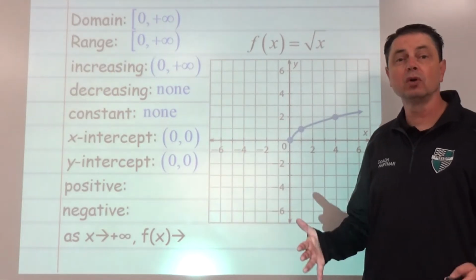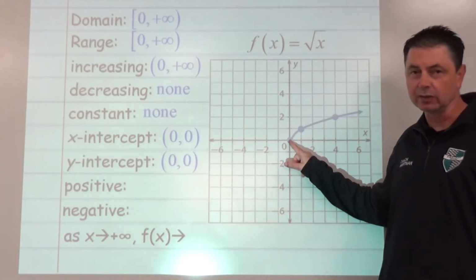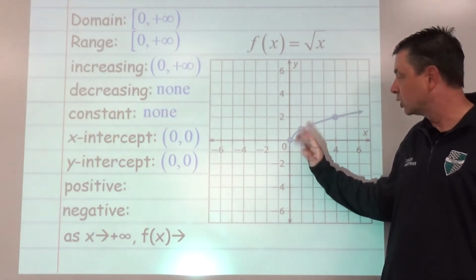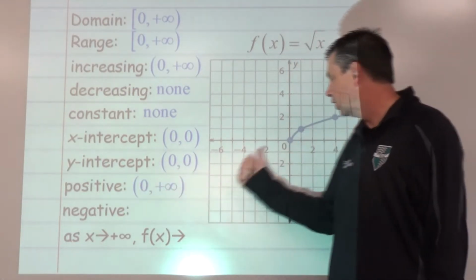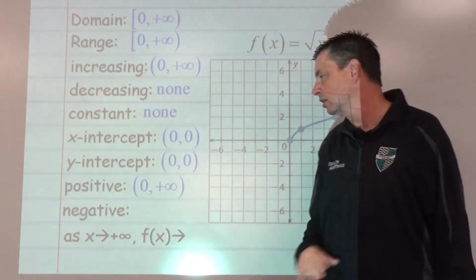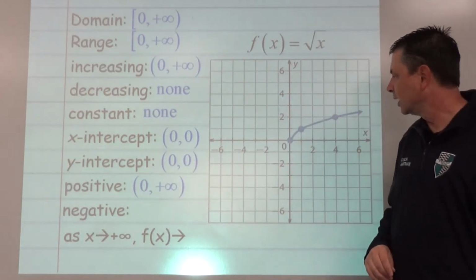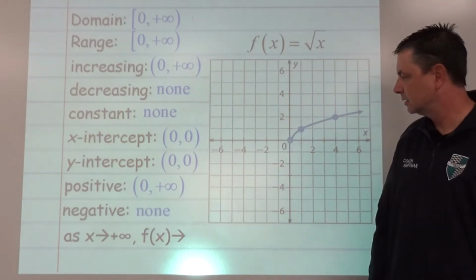What is the interval where our function is positive? Where are we above? Well, not at 0, because we're on. It needs to be above. So anything past 0, so this would be from 0 to infinity. We're talking about x coordinates, domain interval. Where is it below the x-axis? It's not.